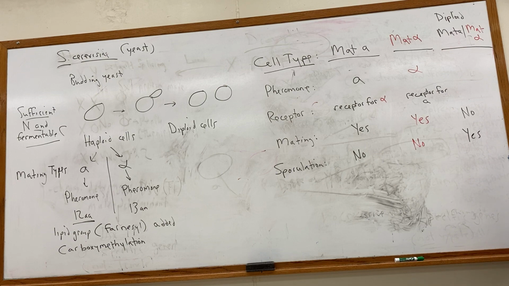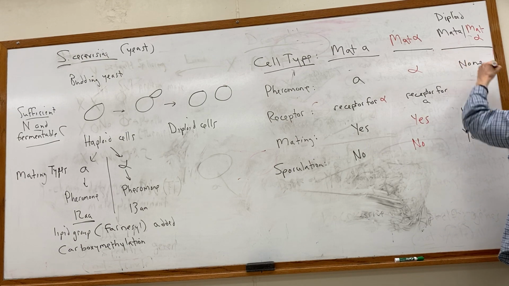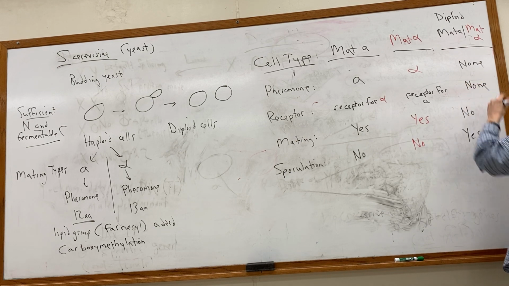No. And does a diploid make the receptor for a pheromone? No. Okay? So this is the overview in terms of the rules of how these are supposed to behave. And from this set of information, we're going to move on to discuss the molecular genetic mechanisms that control this pattern, or this set of patterns that we see.